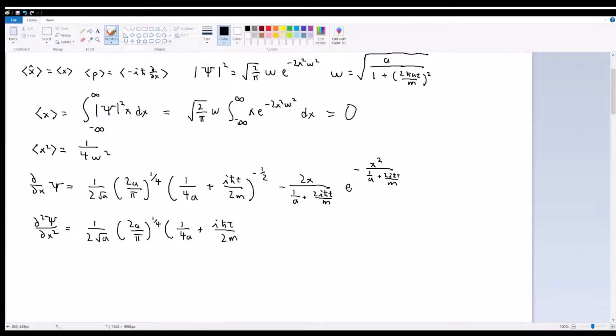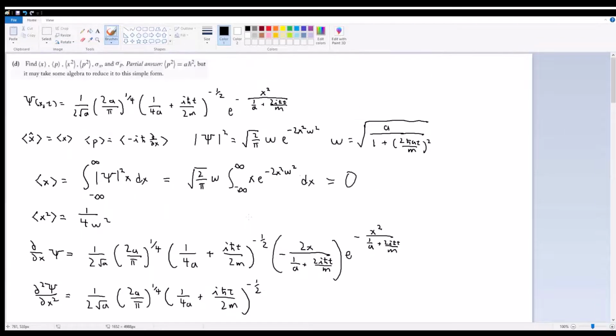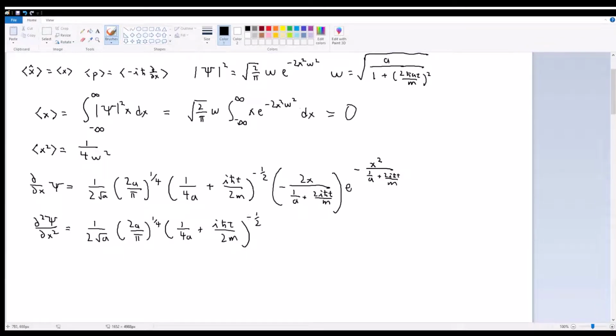I just realized this looks like a minus sign, so let's throw parentheses on there to indicate that it's multiplication, to the power of negative 1/2. And then we have negative 1 over 1a plus 2i h bar t over m. You know what, let's do 2.